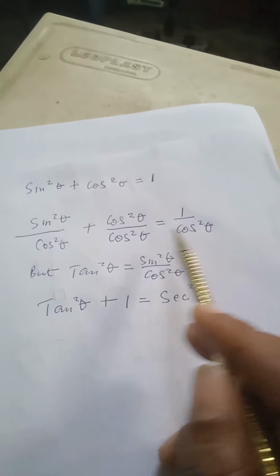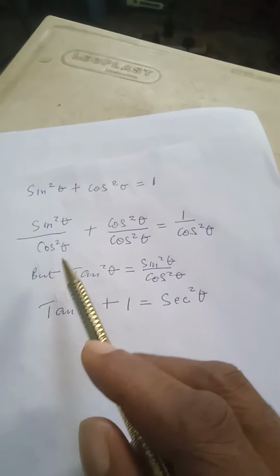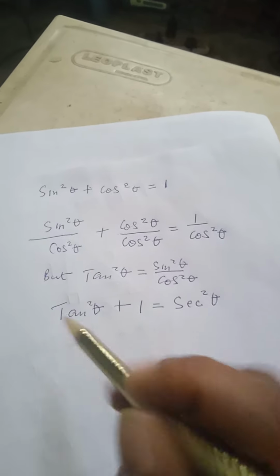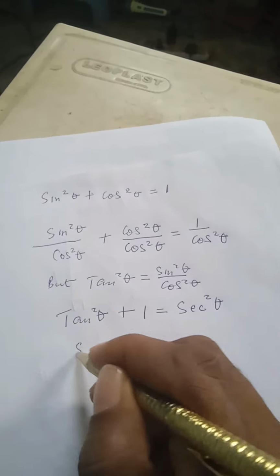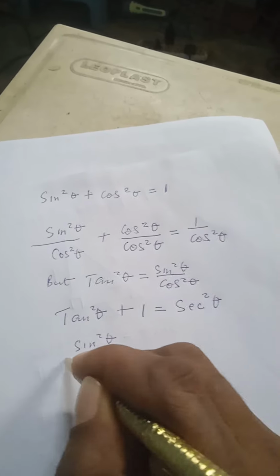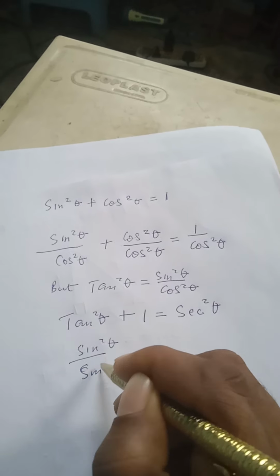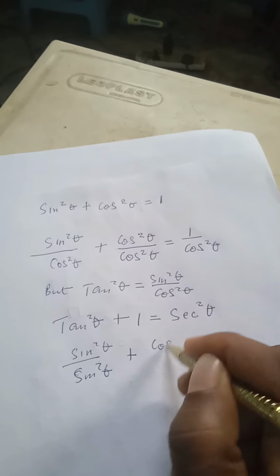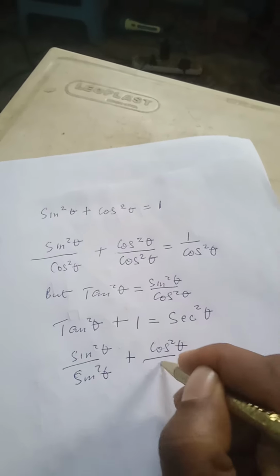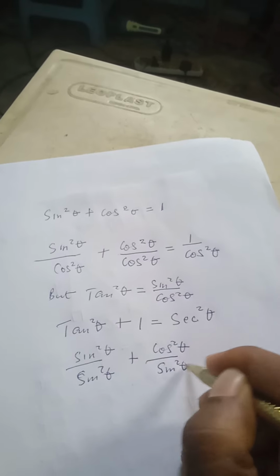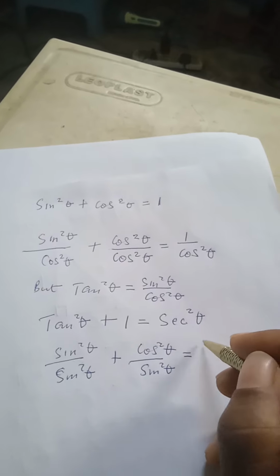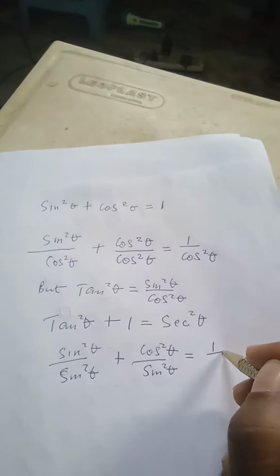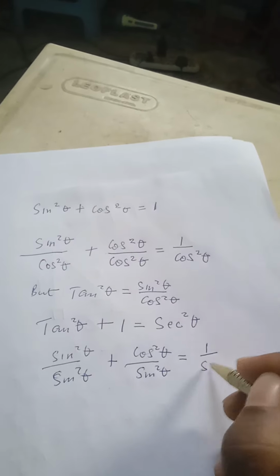Suppose we are dividing with sine square theta, this is what we will have: sine square theta over sine square theta plus cos square theta over sine square theta is equal to 1 over sine square theta.